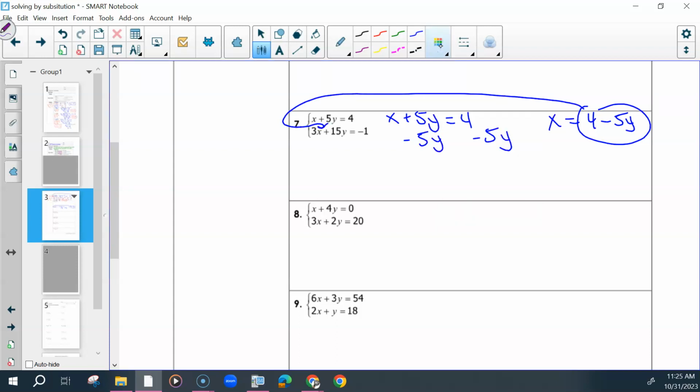So I can rewrite it. 3 times (4 minus 5y) plus 15y equals -1. And then start to distribute. What happens when we combine our like terms?